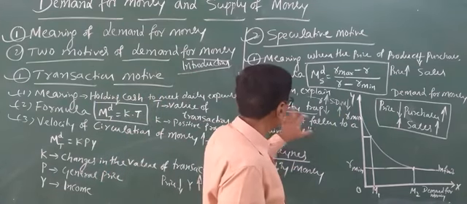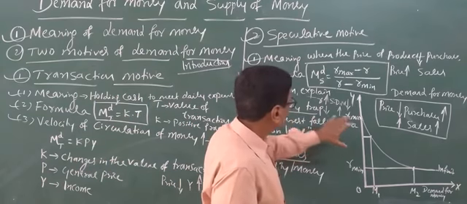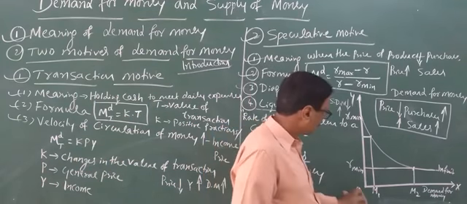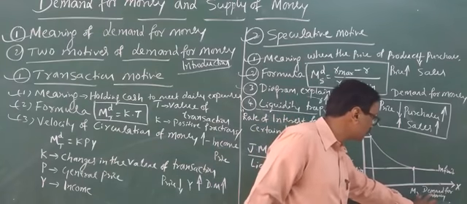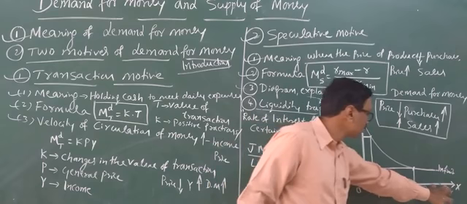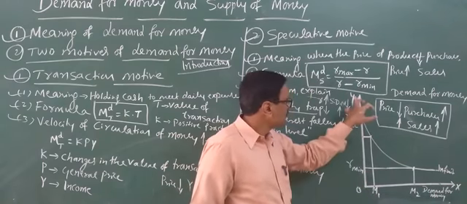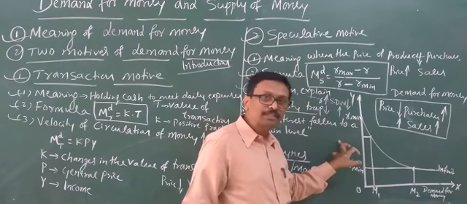You have to observe this with the help of the diagram. The OX axis indicates the speculative demand for money. The OY axis indicates the rate of interest.